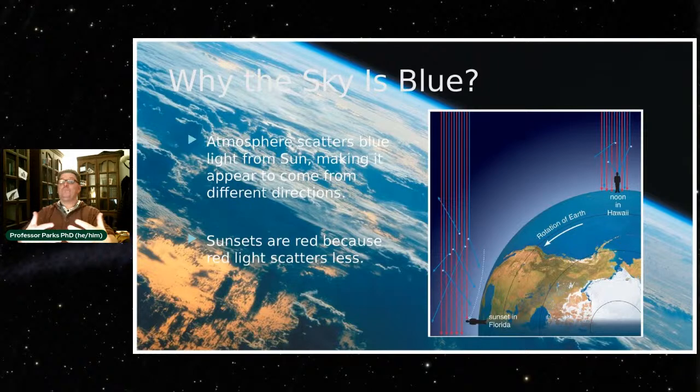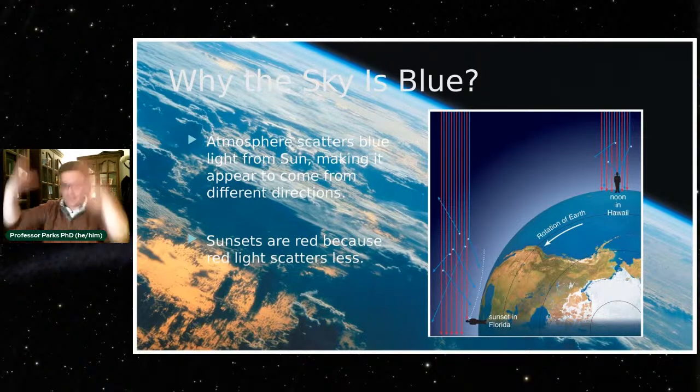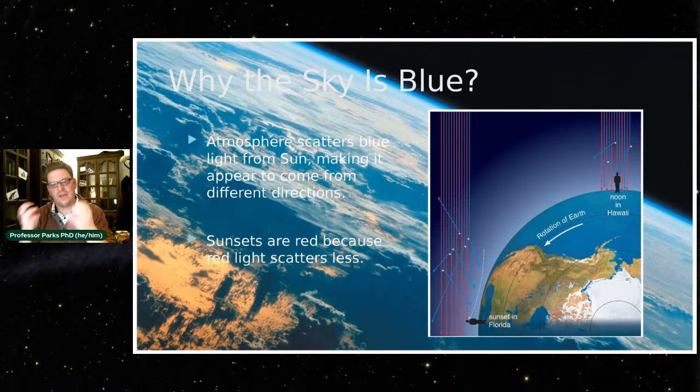But anyway, a lot of the blue light gets refracted elsewhere. So yeah, basically the blue light gets scattered, but also because of the dust content in the atmosphere, you also get a lot of blue light that's absorbed.